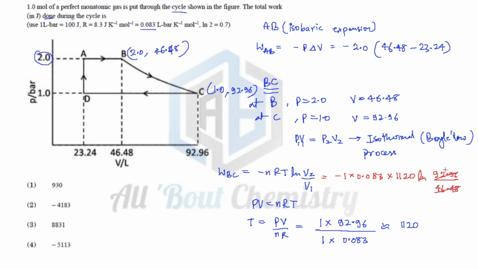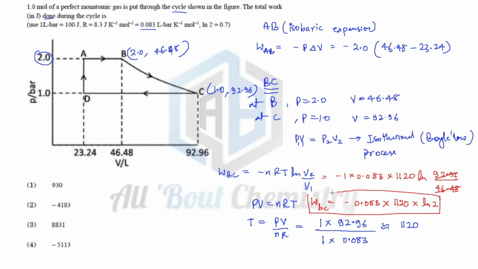When you cancel these out, you get 2 here. So what you will get is minus 0.083 multiplied by 1120 multiplied by ln 2. This is what you will get as WBC. I'm just writing it here.